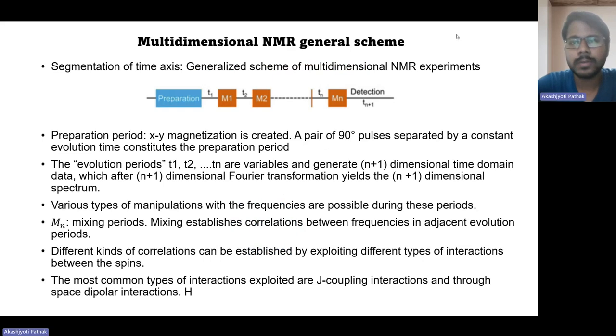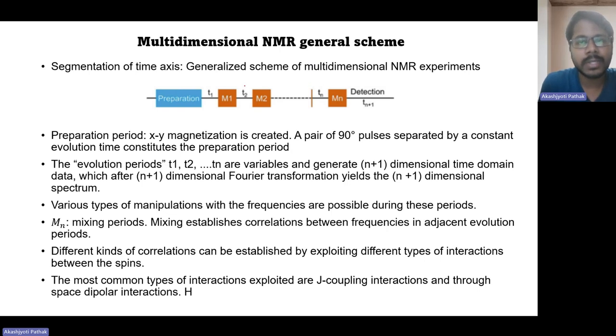Okay. So starting with multidimensional NMR, what is the general scheme of a multidimensional NMR spectroscopy? If we look at the general scheme, there are three parts: one is the preparation time, then there is evolution time, and then detection.